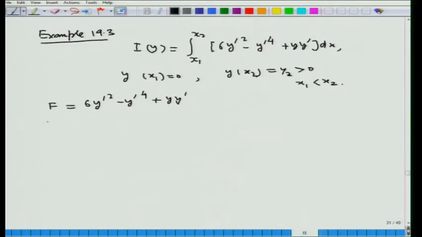Here f is 6 y prime square minus y prime power 4 plus y prime, and the extremals are solutions of f_y minus d by dx of f_y prime equal to 0, that is Euler's equation.